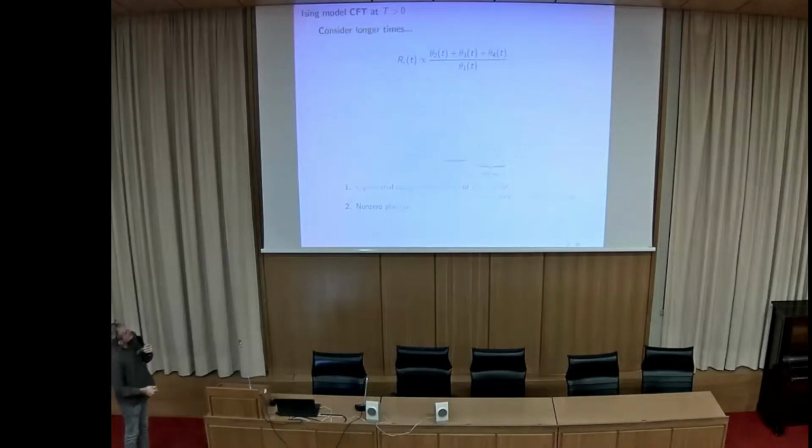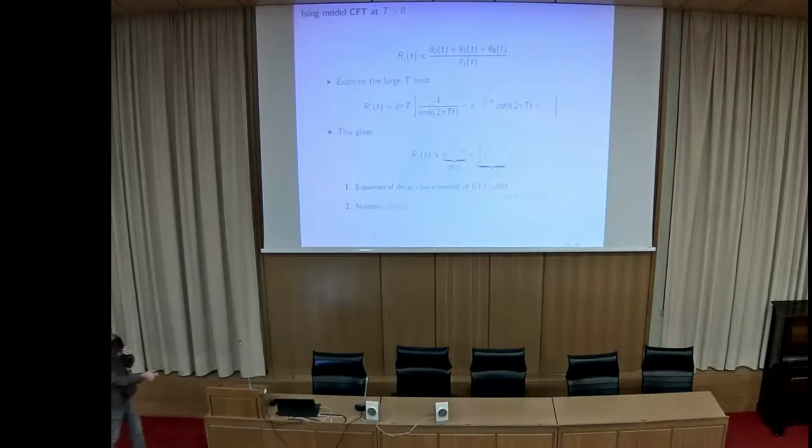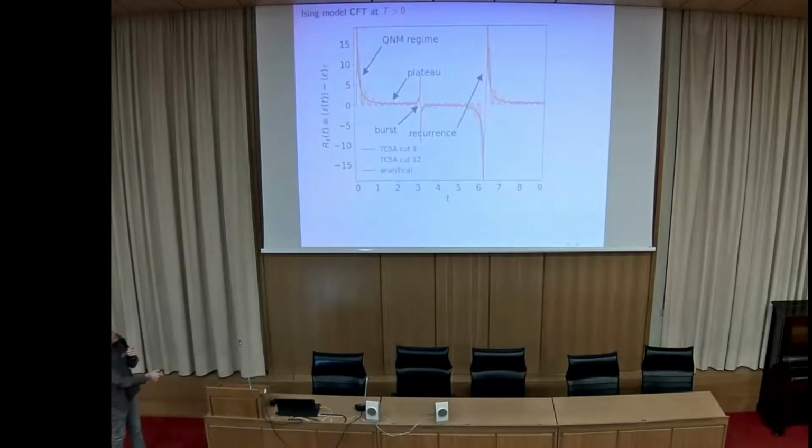And now, if we look at this exact expression, one can just see that this is exactly periodic from those theta functions. One should look here at the red curve, because those others are truncated conformal space approximations, so these oscillations are artifacts of truncating the Hilbert space for the time evolution.